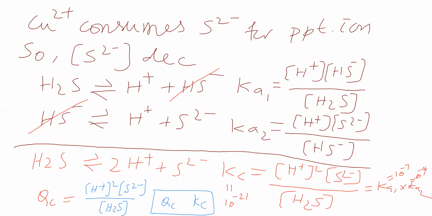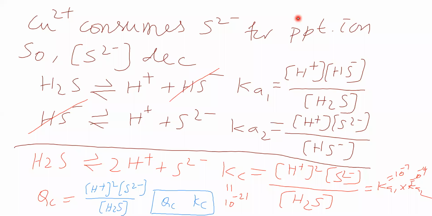Sir, we will check it. See, Cu2 plus consumes sulfide, in the sense that the concentration of sulfide decreases. Concentration of sulfide decreases means how will the Qc value be when compared to Kc? Think about it. Kc is fixed. Kc value does not depend on concentration.